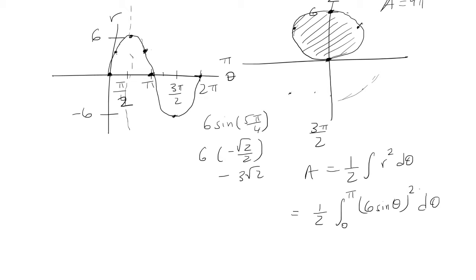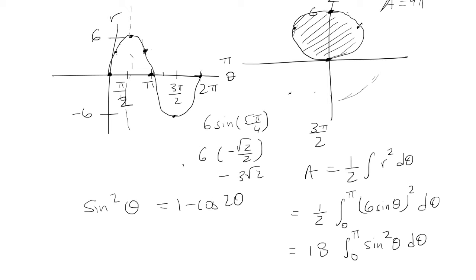So 6 squared is 36. I'm going to pull that out. Half of 36 is 18. And then we have the integral from 0 to pi sine squared d theta. So keep in mind, we can rewrite sine squared using the double angle identity. So sine squared is 1 minus cosine 2 theta over 2.